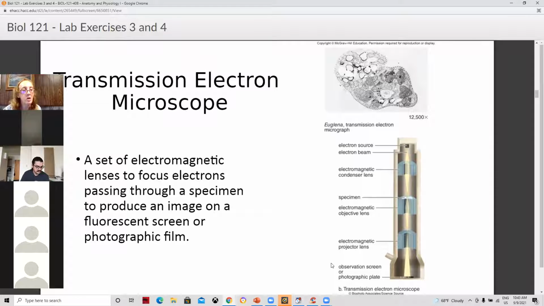And just like light rays, they're diffracted off and they come down on the specimen. The electrons come down, they get focused, they get more focused, they get more focused. Okay, so they get focused here.